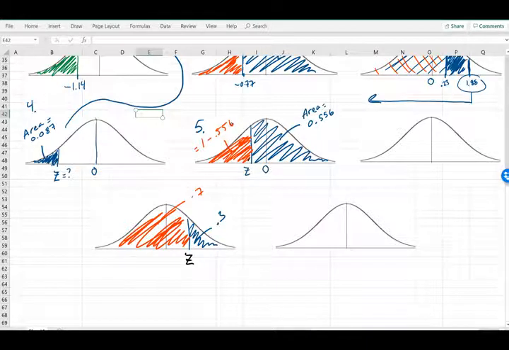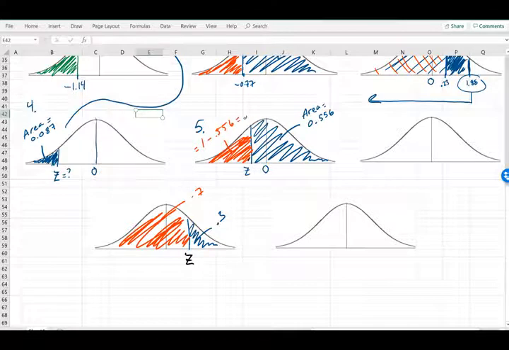If we say 1 minus 0.556, that should be 0.444.